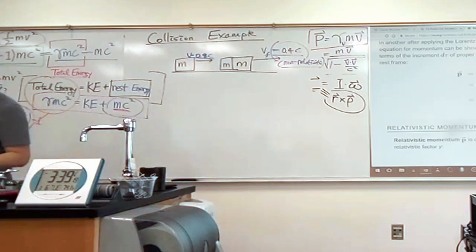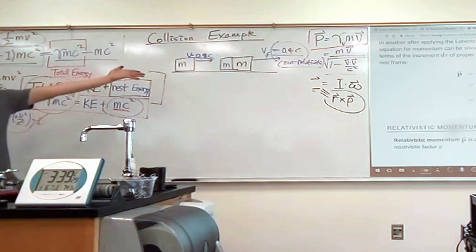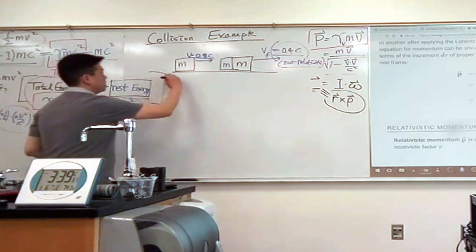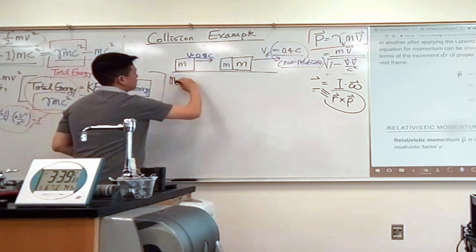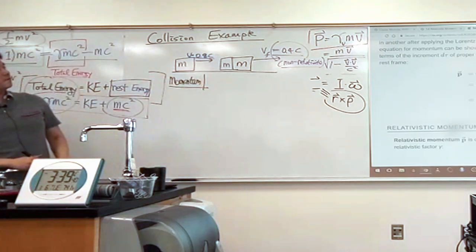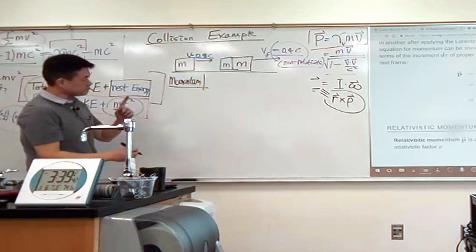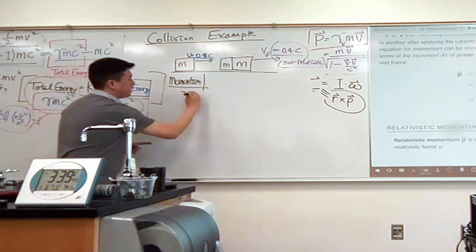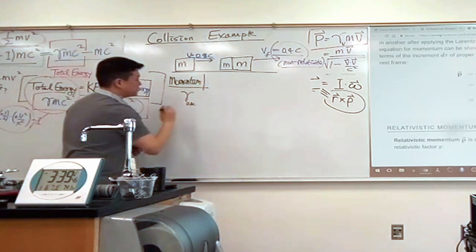Good. So, all right. I will start by copying what we did from Physics 4A. I'm going to say momentum is definitely conserved. So let me write down the conservation of momentum expression. My initial momentum would be gamma based on 0.8 c.